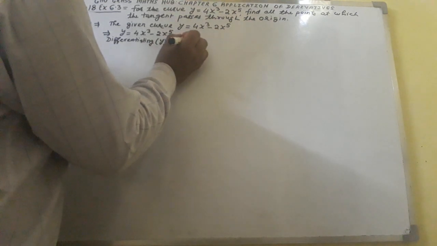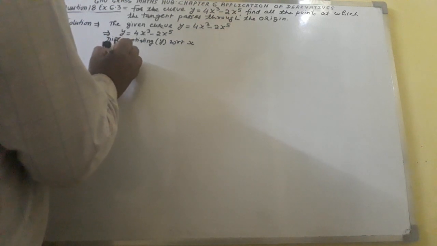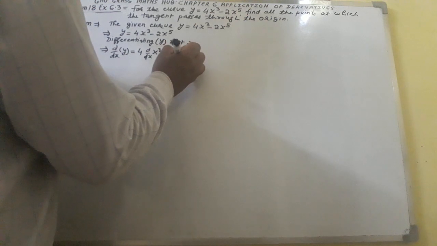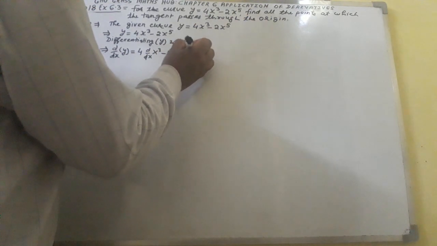Again I shall write, differentiating y with respect to x, here we shall get d over dx of y equal to 4 dot d over dx of x cube minus 2 dot d over dx of x raised to the power 5.